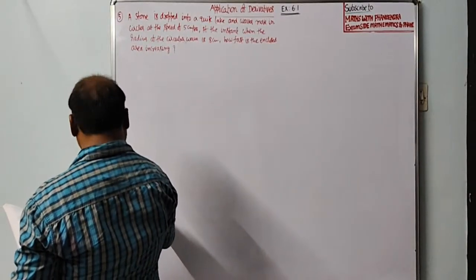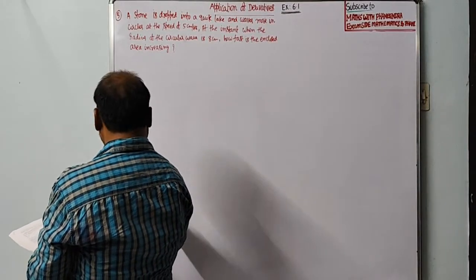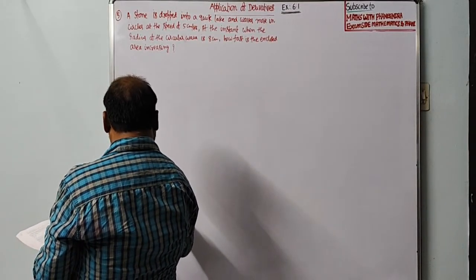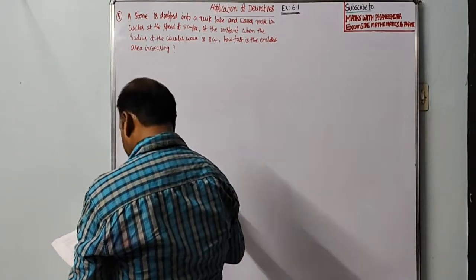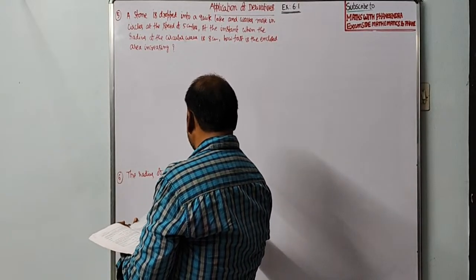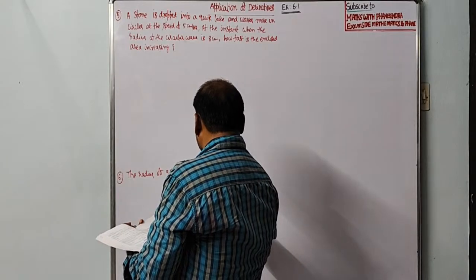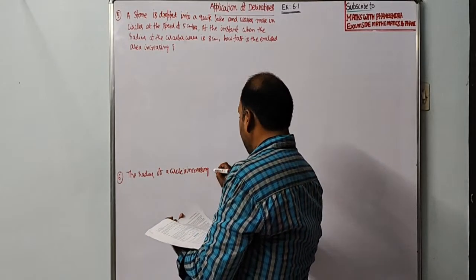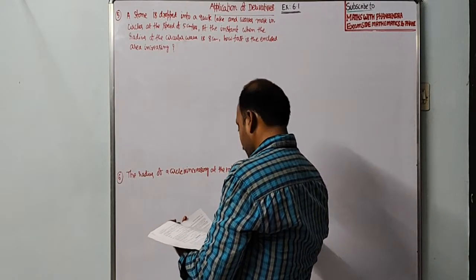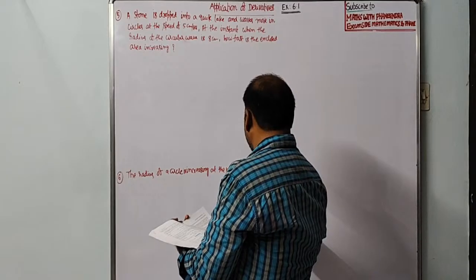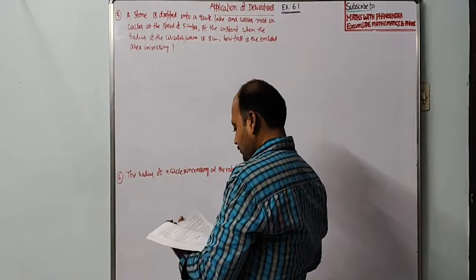Next question number 6. The radius of a circle is increasing at the rate of 0.7 centimeter per second.